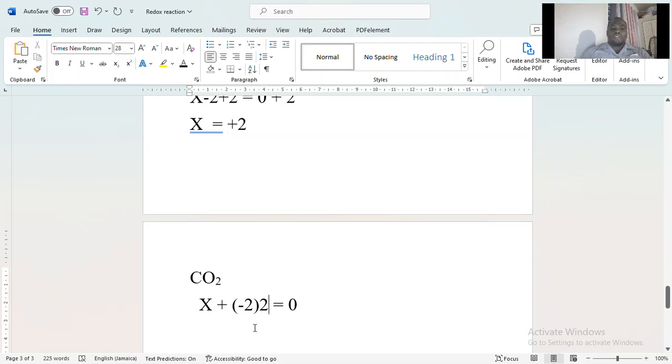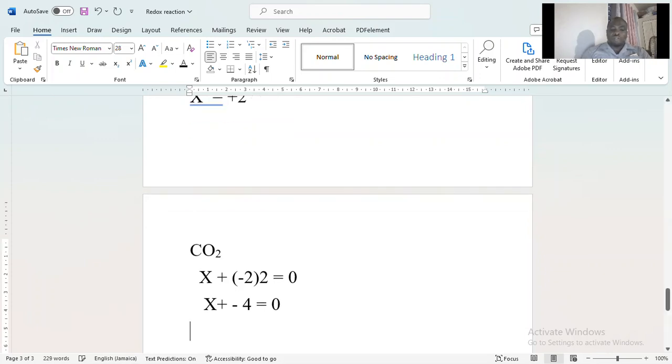And so it is 2 times the -2. We have the X, we have the plus. This is going to give me a -4 equal 0. Working that out, we know the signs are different. End up with -4 equal 0.